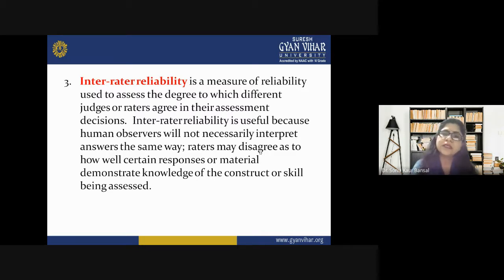It is very useful, students, because human observers will not necessarily interpret answers in the same way. Raters may disagree as to how well certain responses or material demonstrate knowledge of the construct or skill being assessed. So this is called inter-rater reliability, which is based upon the ratings given by different judges or raters.